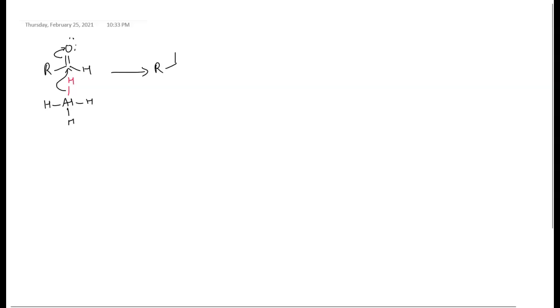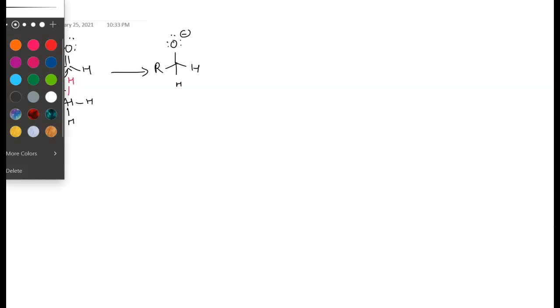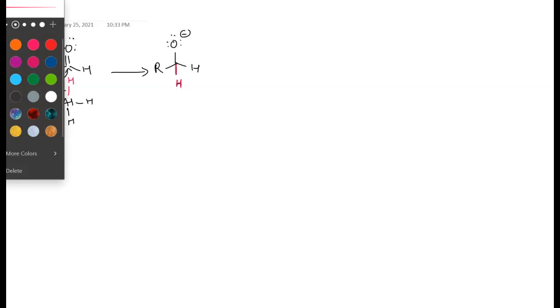I have a tetrahedral intermediate with a negative charge on the oxygen atom. I have the hydrogen, and then the new hydrogen or the hydride from the aluminum hydride is shown by the red color. Then what will happen in the next step?